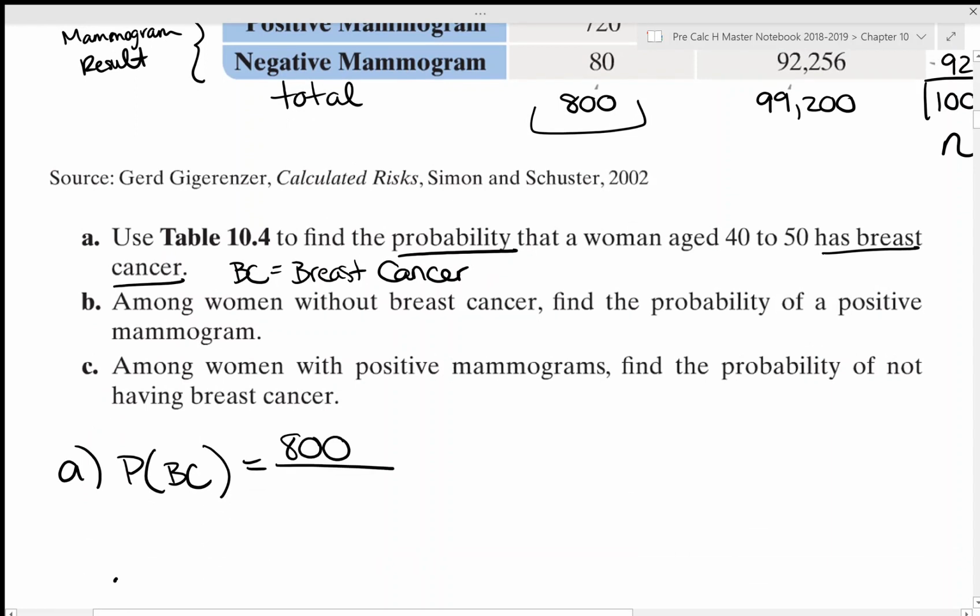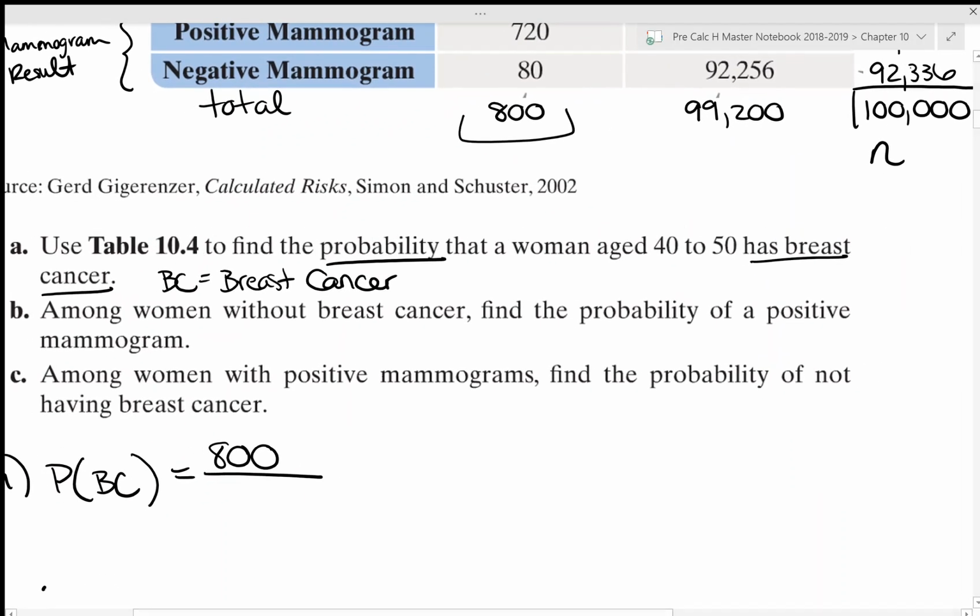Now, I want to know out of all the women, how many women were there? There were 100,000. I like to leave it this way so it shows the exactness: there were 800 out of 100,000 people. That's the chance that you pick someone at random from this group and they have breast cancer. But you could simplify this to 0.008, which is about 0.8%.